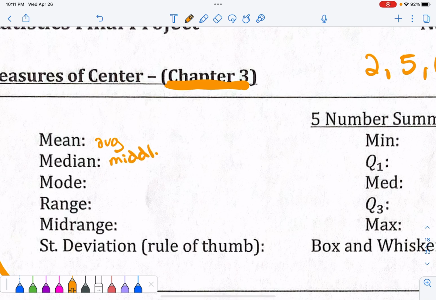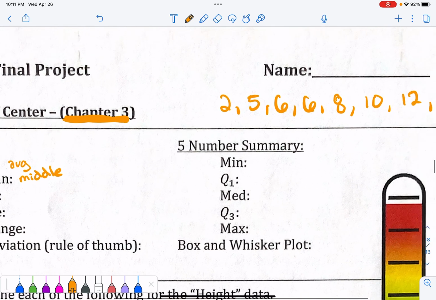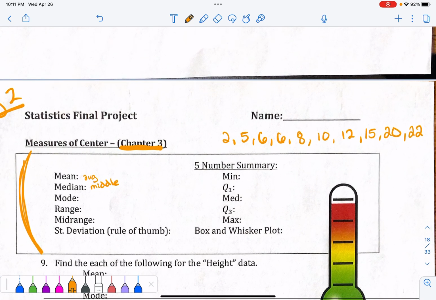Okay, so I'm going to go ahead with my hypothetical data here. I'll zoom out so if you want to write that down, you can. The median is the middle number. So I'm going to do that over here when I go to find my 5-number summary. If I do that now, the median, the middle number, I have 1, 2, 3, 4, 5, 6, 7, 8, 9, 10 numbers, which means I will not have an exact middle number.